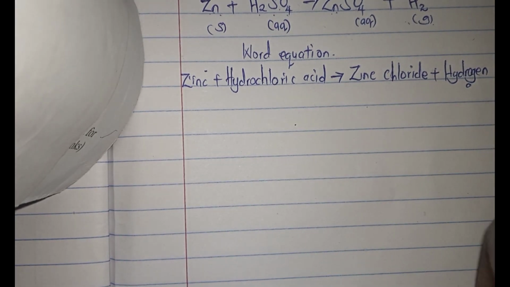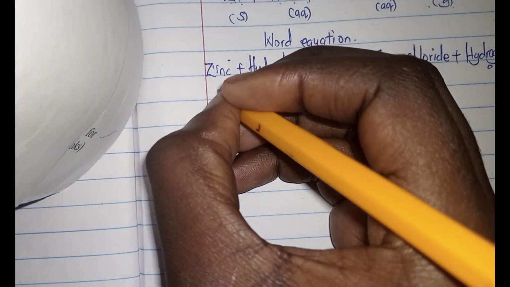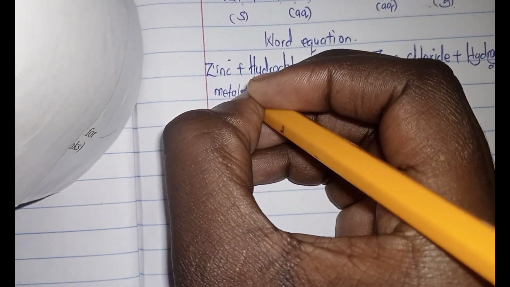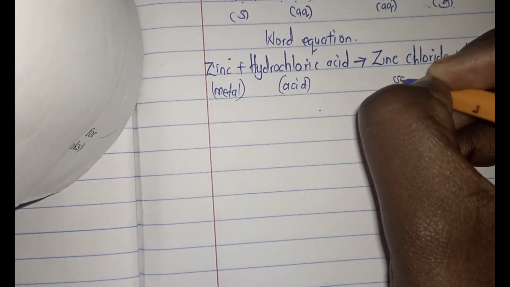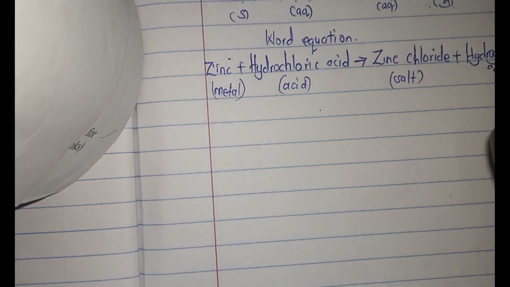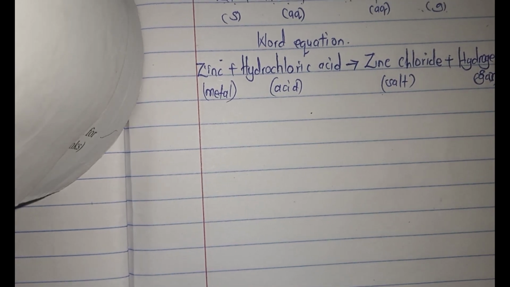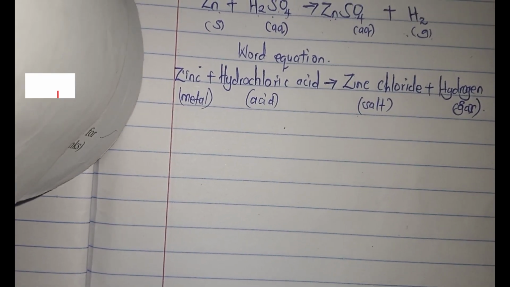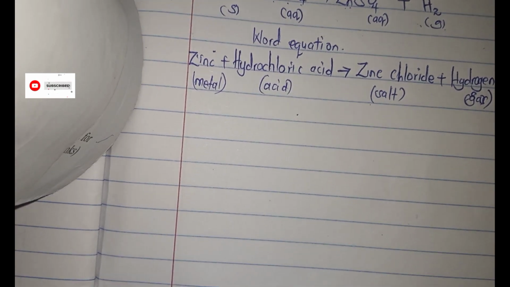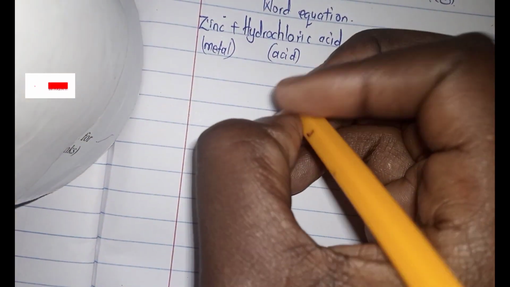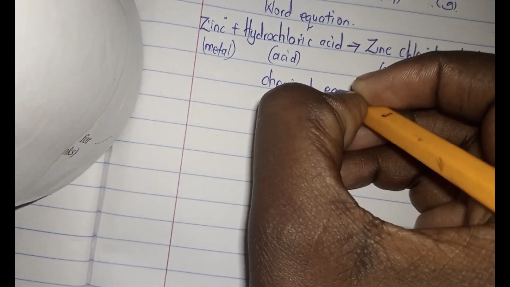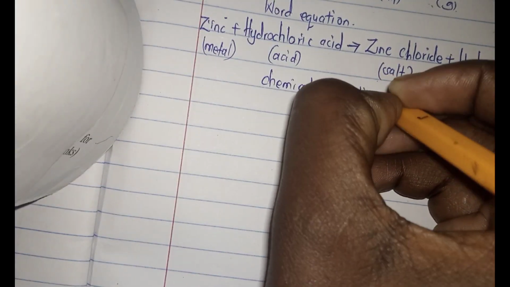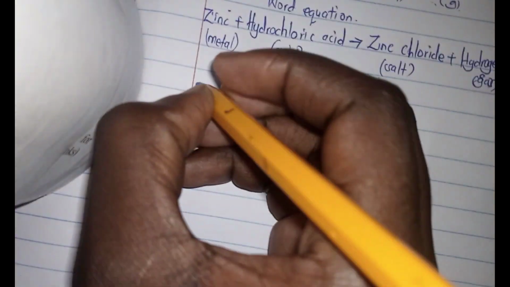This is the metal, this is the acid, this is the salt formed, and this is hydrogen gas. This is the gas that was produced. Let me write a chemical equation for the reaction. We have zinc.